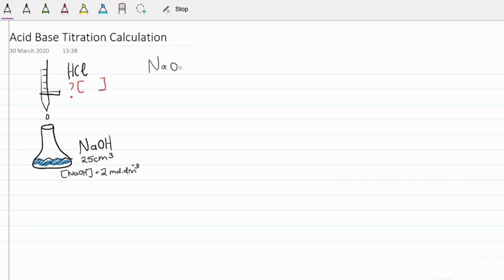You have sodium hydroxide solution, and to that you added hydrochloric acid from your burette. When you add an acid together with a base, you get a salt forming, and in this case the salt is sodium chloride, which is also a solution because we haven't evaporated the water off yet. Okay, so now that's your balanced reaction equation.